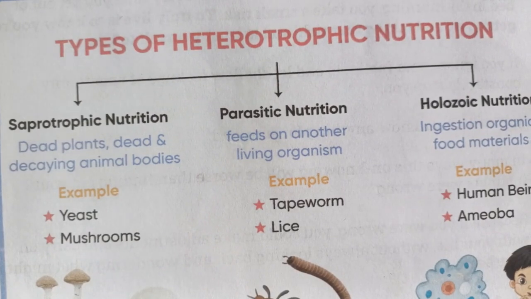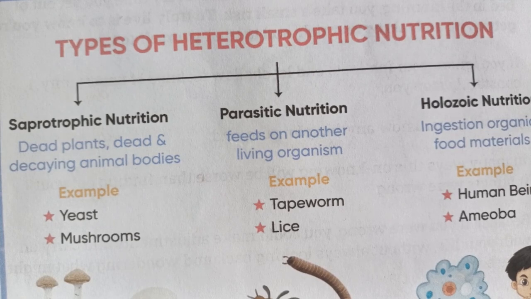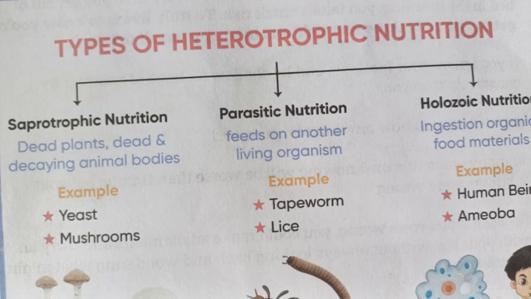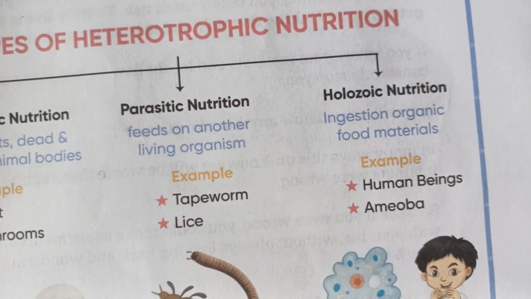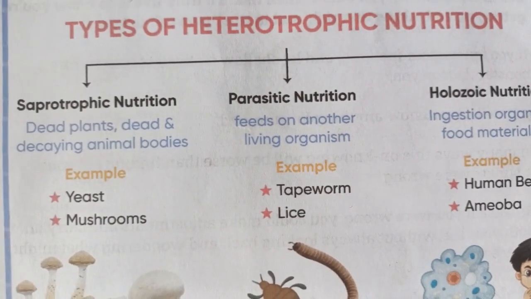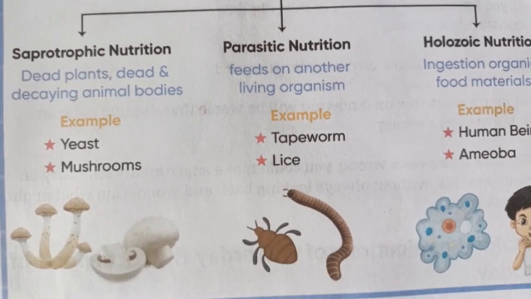So heterotrophic means you are dependent on plants or other animals to survive for your nutrition. You can be relying on saprotrophic nutrition, parasitic nutrition, or holozoic nutrition. The saprotrophic strategy is to rely on dead plants and dead and decaying animal bodies, for example yeasts and mushrooms.